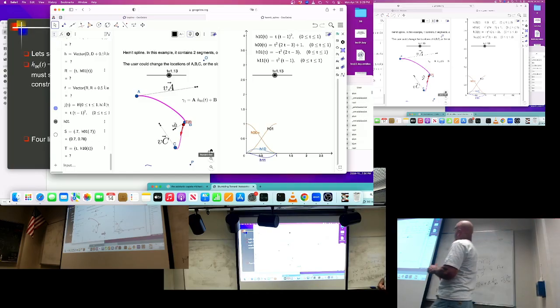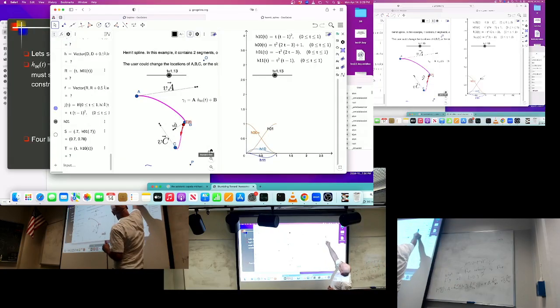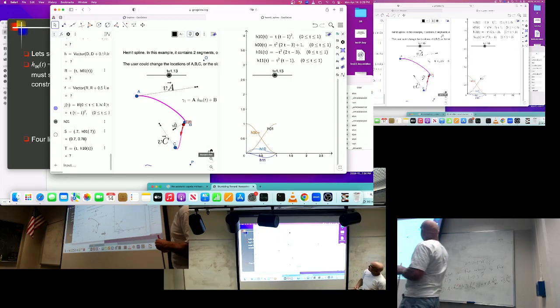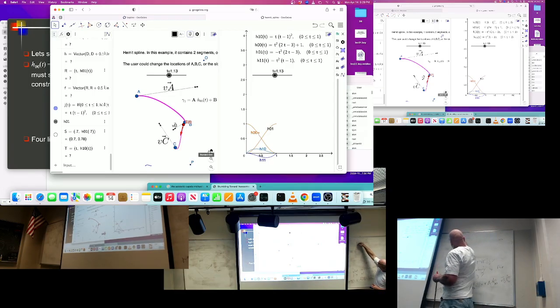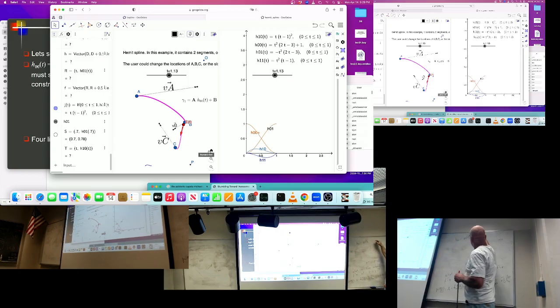But how do I calculate that H00 is this friendly expression? What do I need from H00? It is at cubed, because it's a polynomial of degree three, plus bt squared, plus ct, plus d. That's my polynomial.